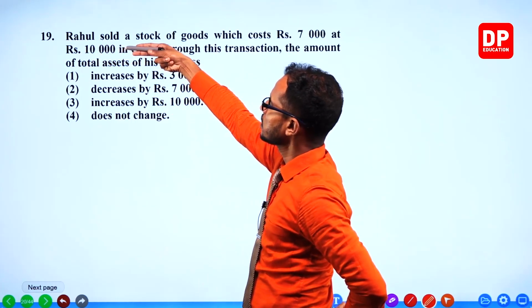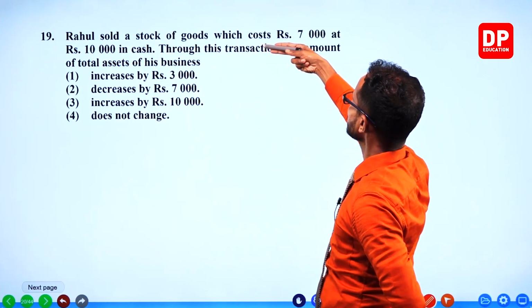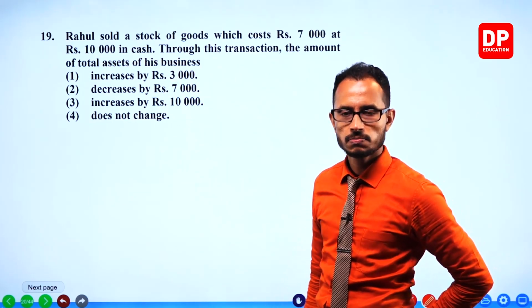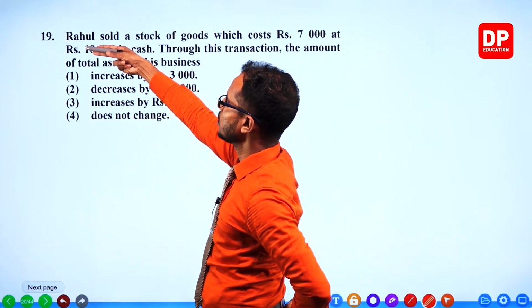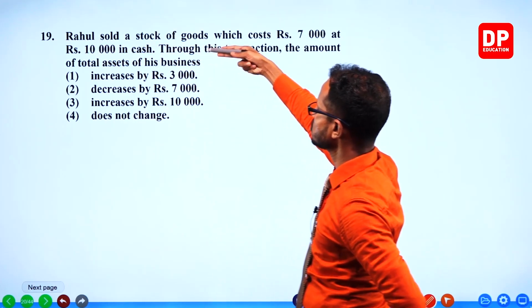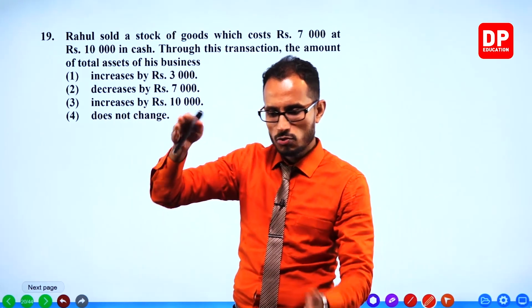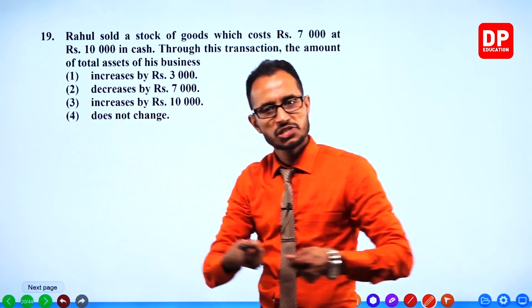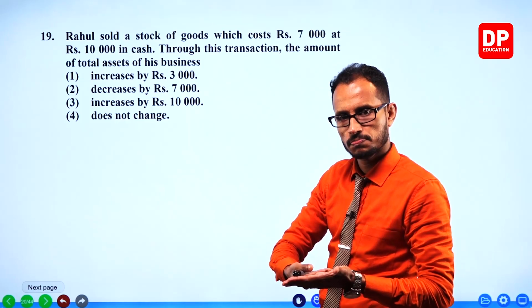Rahul sold stock of goods costing 7,000 at 10,000 for cash. Rahul sold a stock of goods to a customer and got cash into the business.